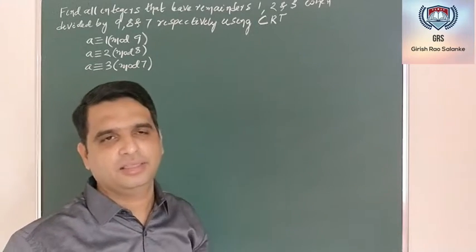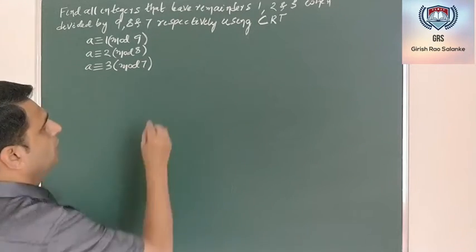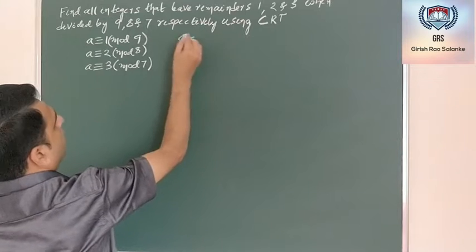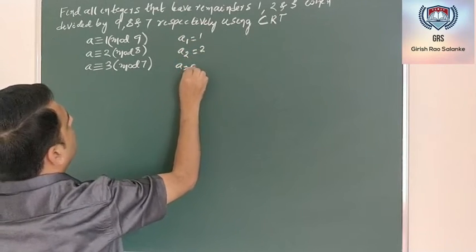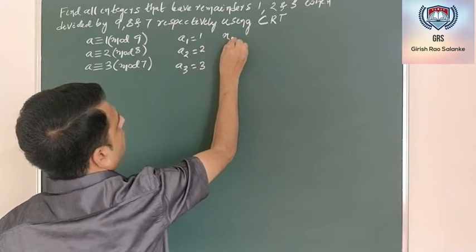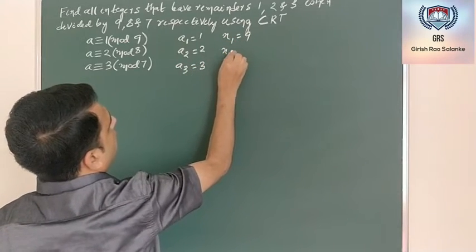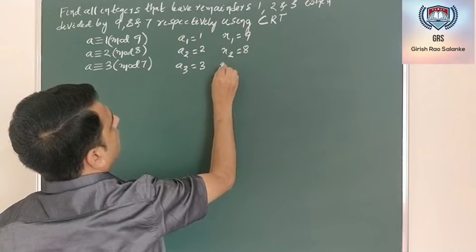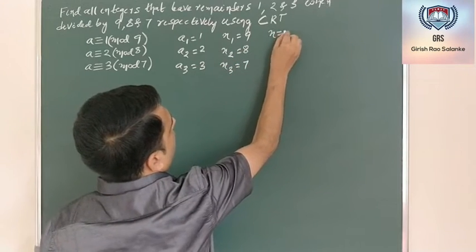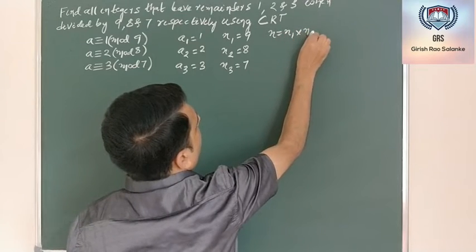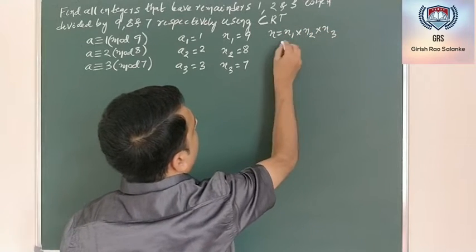Now as we know, what is the value of A1? A1 is 1, A2 is 2, A3 is 3. What is the value of N1? N1 is 9, N2 is 8, N3 is 7. Now how to find N? N is equal to N1 multiplied by N2 multiplied by N3.